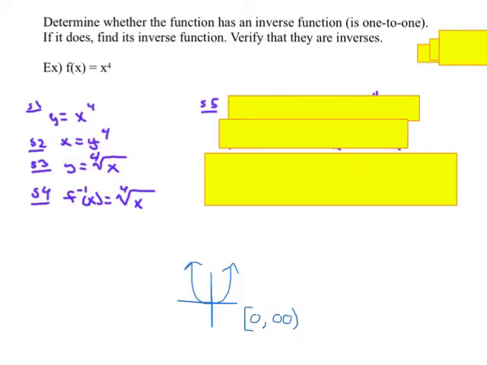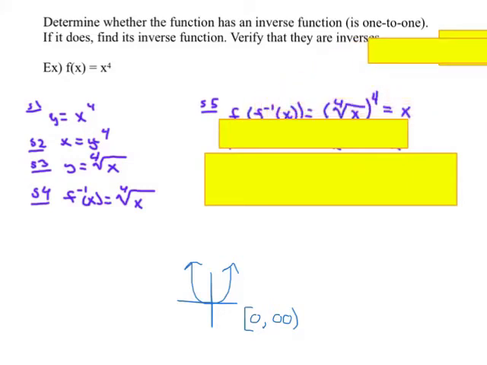So I'm going to use the rule, and I'm going to plug f inverse in for f, and I'm going to simplify it. Okay, so notice here I have the fourth root of x. I plugged it in for x to the fourth, and the fourth root to the fourth power equals x. Okay, so looking at it this way, it does equal x.